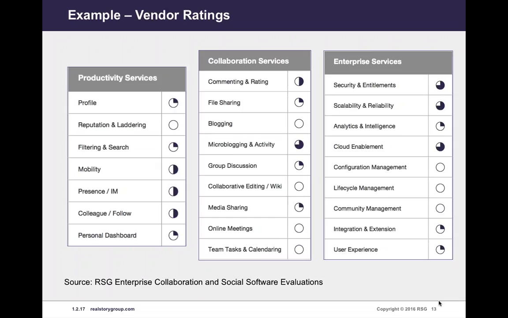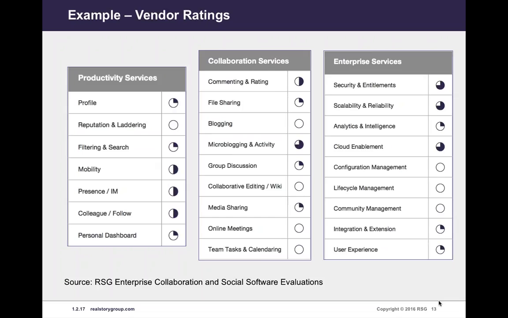Coming back to this chart, it's kind of interesting. This vendor does reasonably well in terms of the productivity services, decent presence and instant messaging capabilities, a decent but not a great mobile client. It allows you to follow colleagues and that bucket of services. But if you look at the middle, it tends to fall down a bit in the more wide-ranging collaboration services.